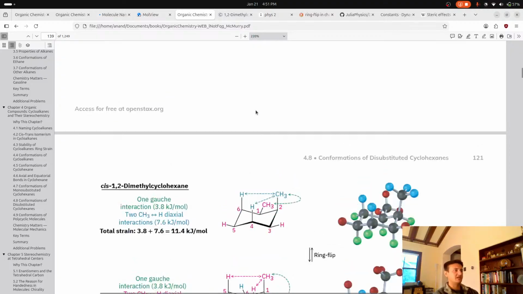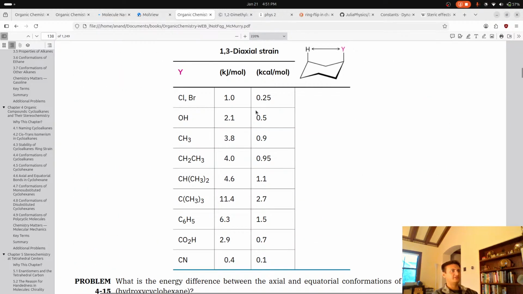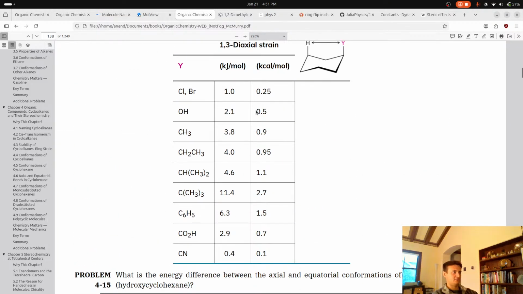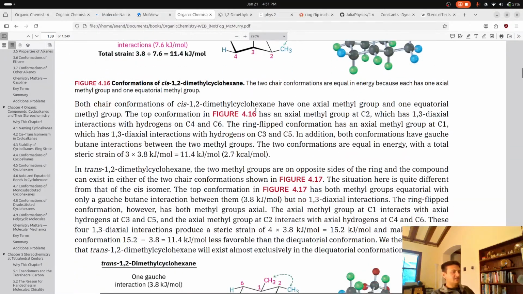Does hydrogen not have a diaxial? I guess it's 0.